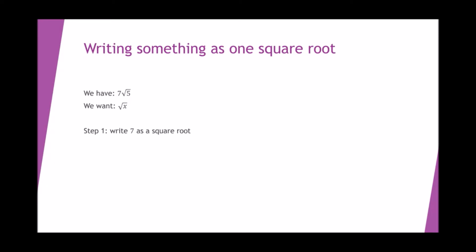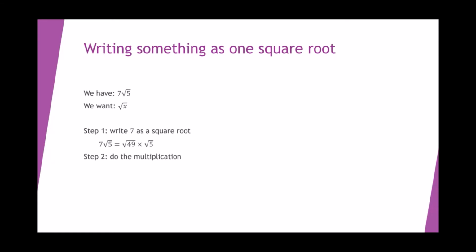Well, how do I write a number as a square root? Well, 7 is the square root of 49 because 7 squared is 49. So that means I can write 7 square root 5 as square root 49 times square root 5.